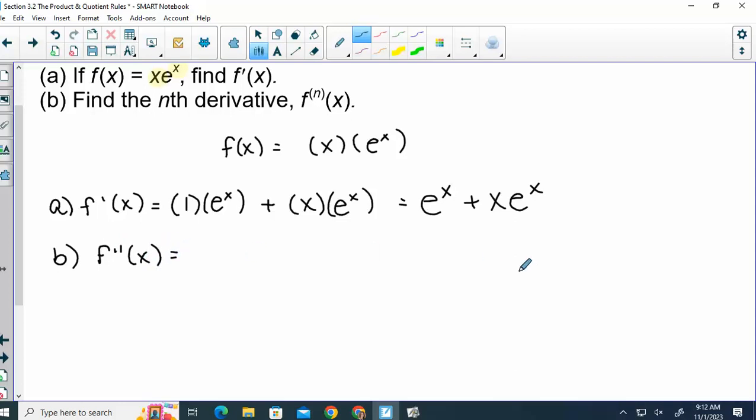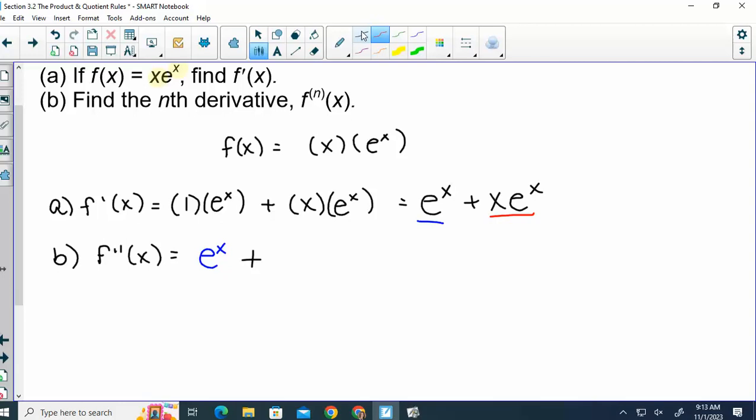Okay, we know we can do the derivative term by term, right? So the derivative of the first term, the derivative of e to the x is e to the x plus, now I need the derivative of x e to the x. How would I do that? What do we have to do the derivative of x e to the x?